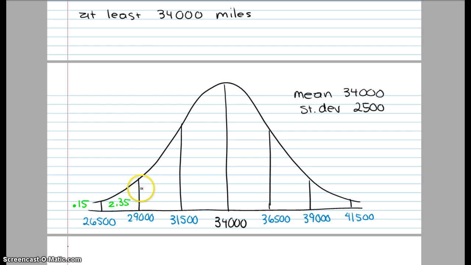We have 13.5% in the next slice. 34%, 34%, 13.5%. Maybe I should put some percentage signs here since the computer is so picky about that. Wouldn't want to set a bad example for you. 2.35% and 0.15%.